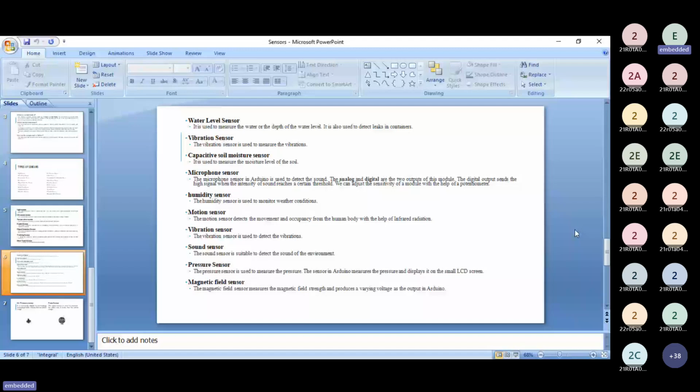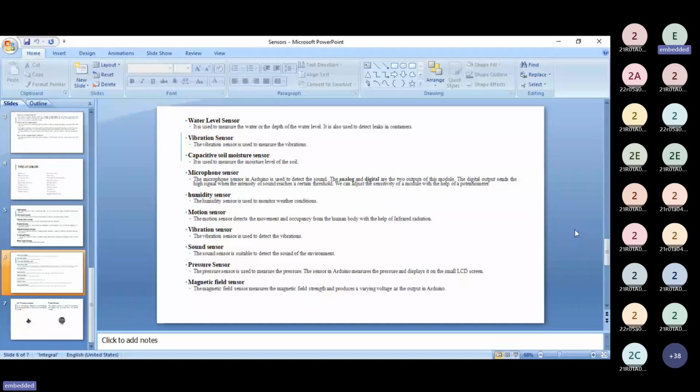Vibration sensor: the vibration sensor is used to measure vibrations. Capacitive soil moisture sensor: it is used to measure the moisture level of the soil. Microphone sensor: the microphone sensor in Arduino is used to detect sound. The analog and digital are the two outputs of this module.